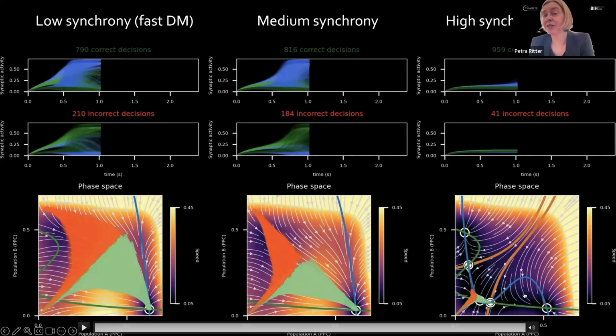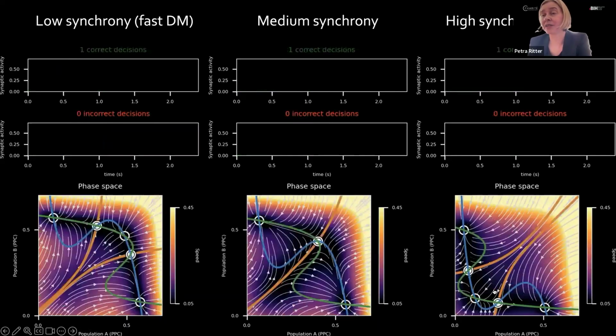In the high synchronicity state, there's still this fixed point, and only now we see that the trajectories start moving a little bit away from the balanced state, from the diagonal, the balanced activity between populations A and B. And this means that the system here had already about half a second more time to accumulate the evidence and to average out the noise, and come to a better informed decision.